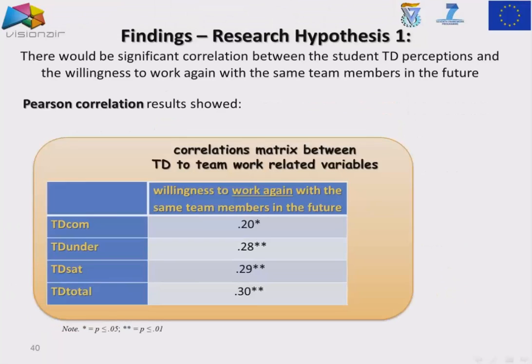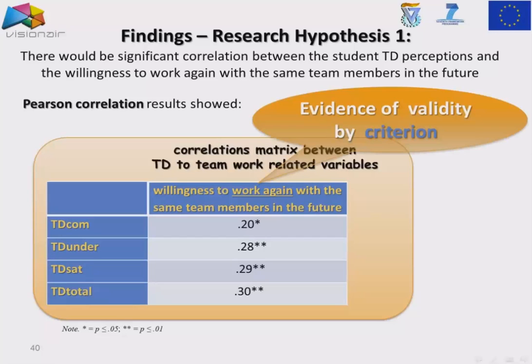As you can see, we did find a significant correlation between the willingness to work with the same team again and all the factors of transactional distance, which gives us small evidence of validity by content, validity by criterion.